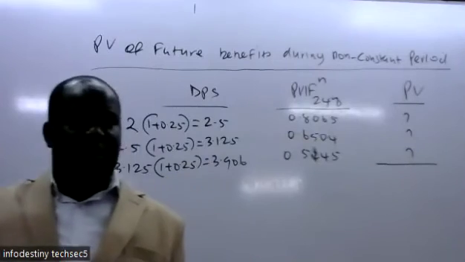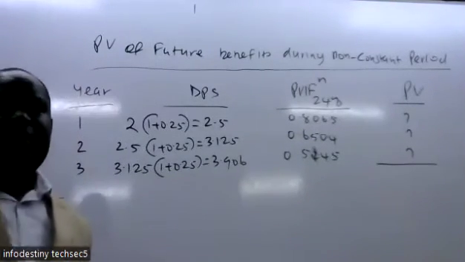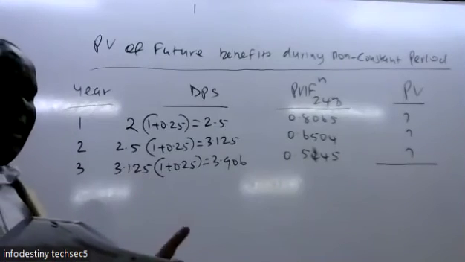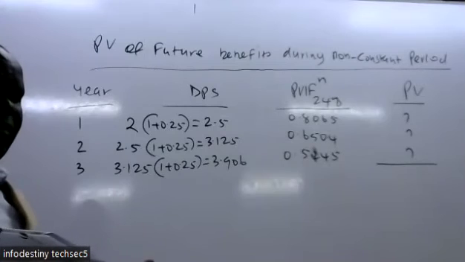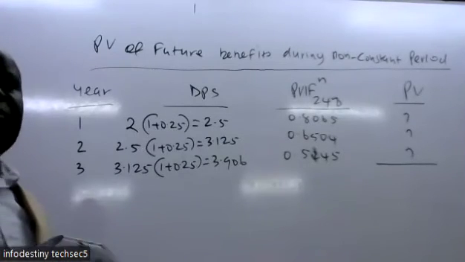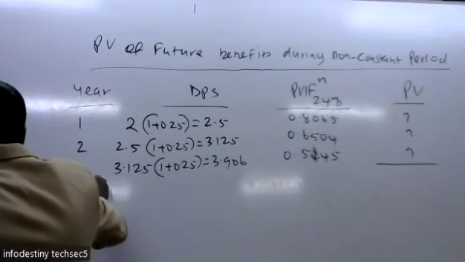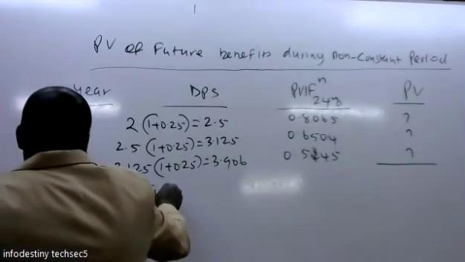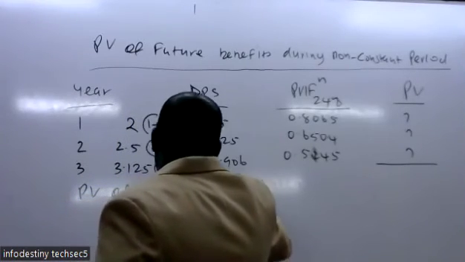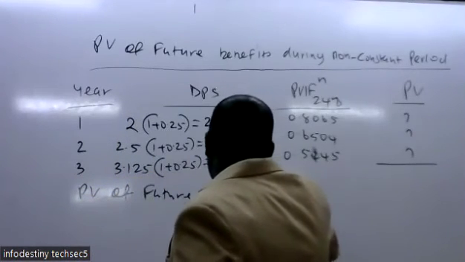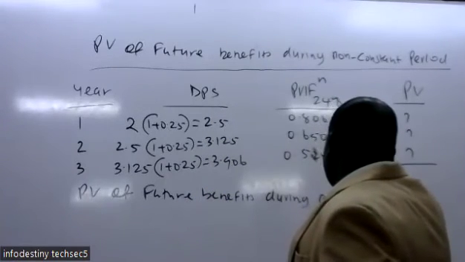So when you go back to note number 1, they said that thereafter the annual growth rate will revert to the company's growth rate and remain constant each year to perpetuity. So that will be the present value of the future benefits during the constant period.